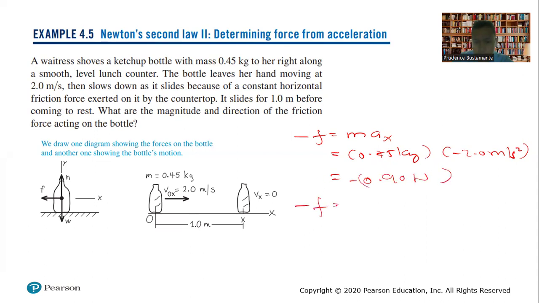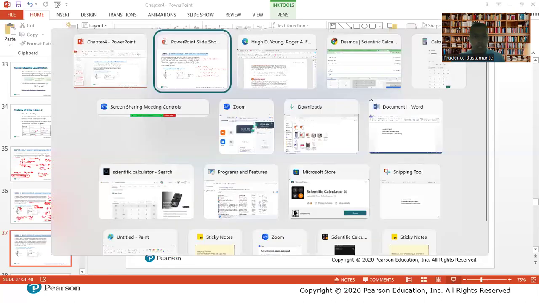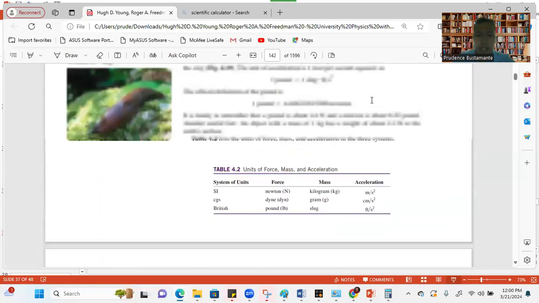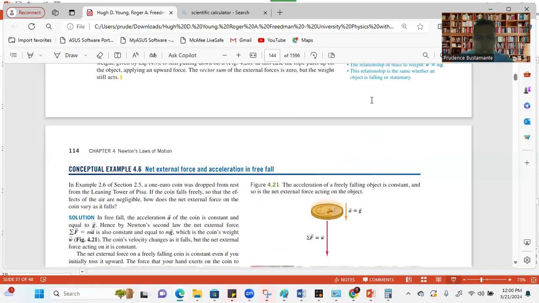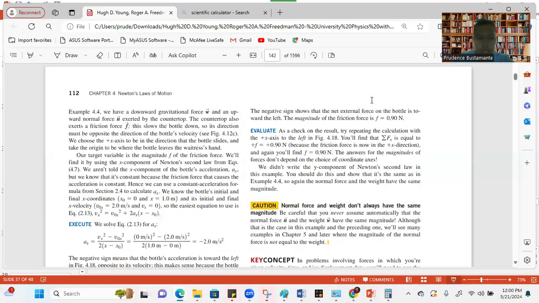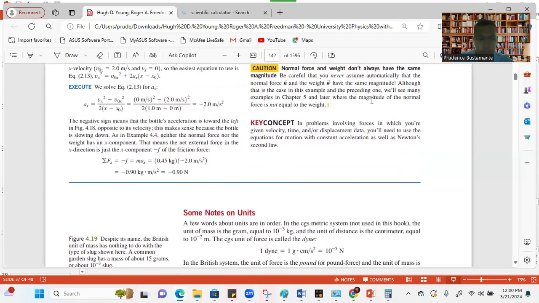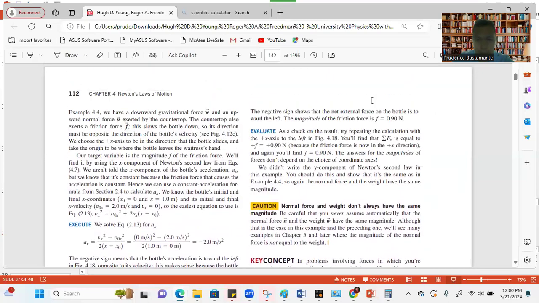Our negative F is equal to negative 0.90 Newton. So the magnitude of our friction force is equal to 0.90 Newton, and the negative means the direction is along the negative direction.